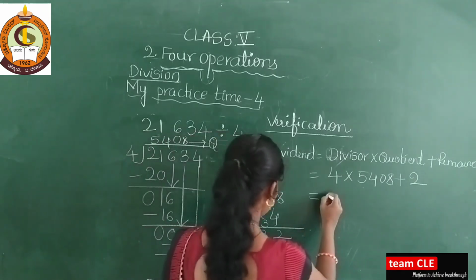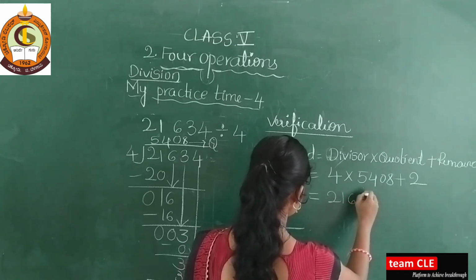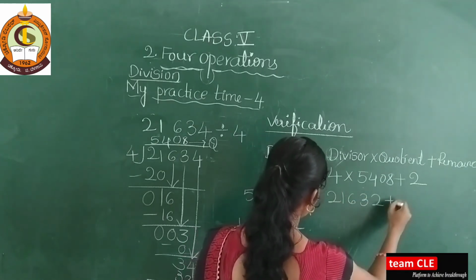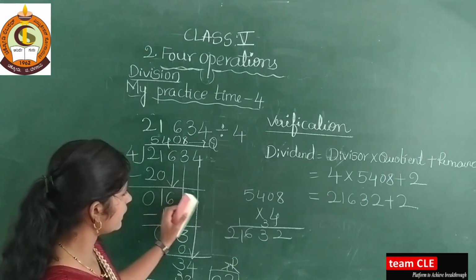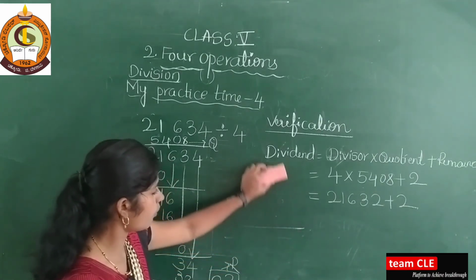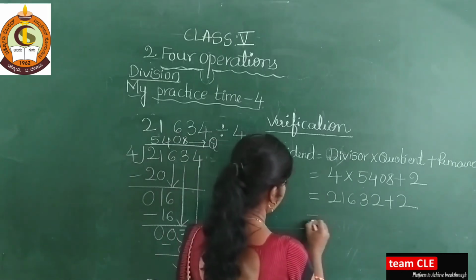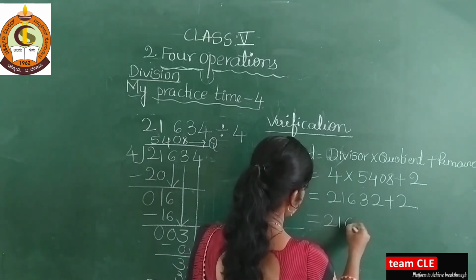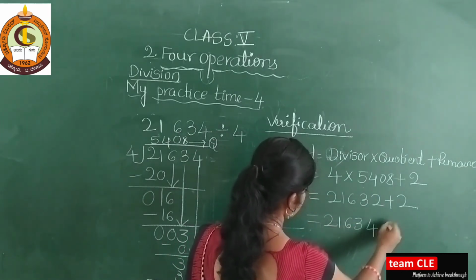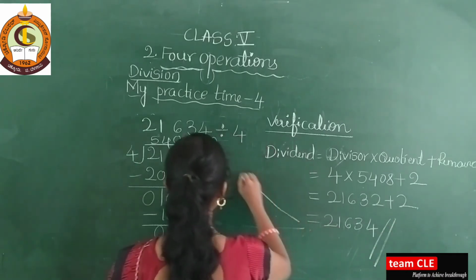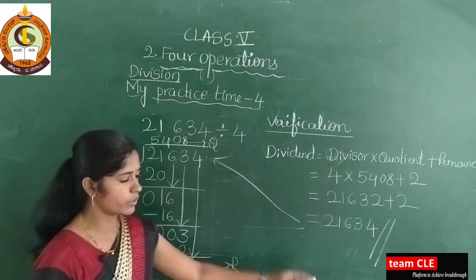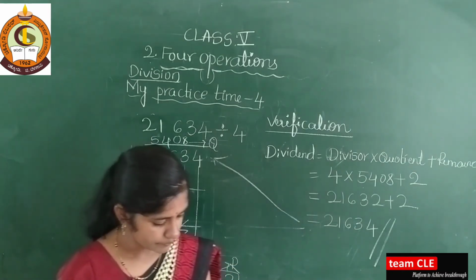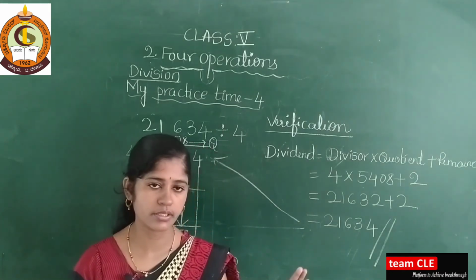So add here 21632 plus 2. After adding I will get 21634 as the answer. See here, this dividend is equal to that dividend: 21634, 21634. So hence our division is correct.